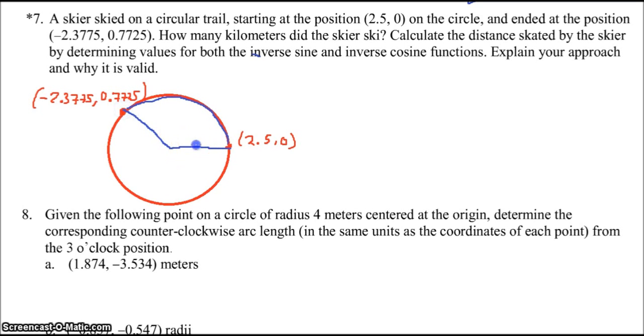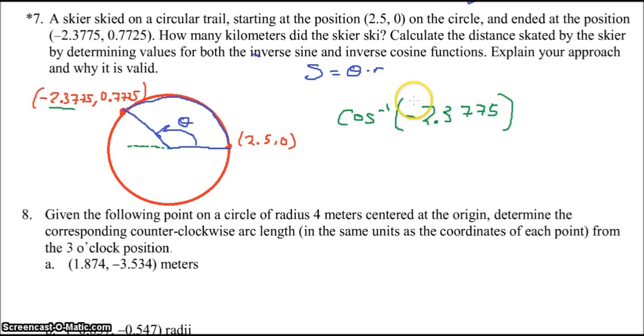And so we can first find the angle theta, because we know arc length is theta times r, so if we can find angle theta, then we can find the arc length. The interesting thing here is that we have this piece that corresponds to the inverse cosine function. We have this distance here. So if we look at the inverse cosine of negative 2.3775, it will tell us our angle theta. Not really.